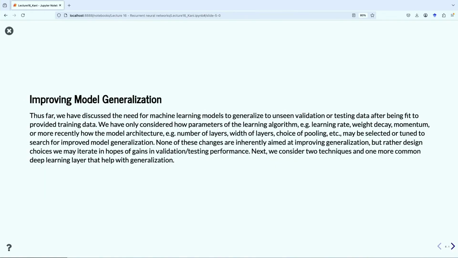But if you have a mediocre data set, something that maybe isn't as large as you want, there are ways to make it go further. There are ways to improve what's called model generalization.